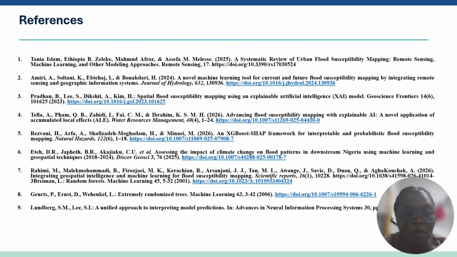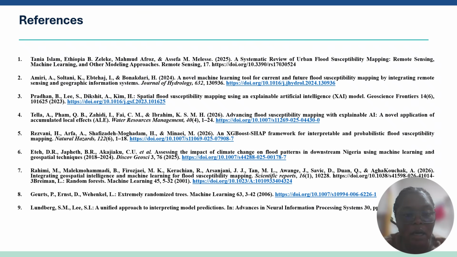The reference work provides the scientific foundation for applying machine learning techniques, flood validation approaches, and AI methods such as SHAP in flood risk assessment. Together, this supports the methodology adopted in this research and highlights the growing importance of integrating geospatial intelligence with machine learning for improved flood prediction and management.